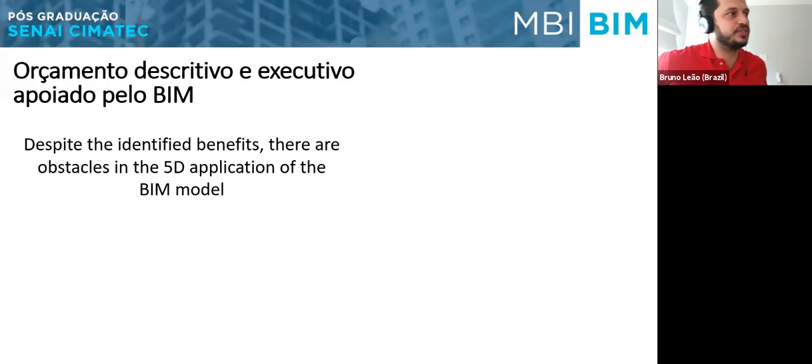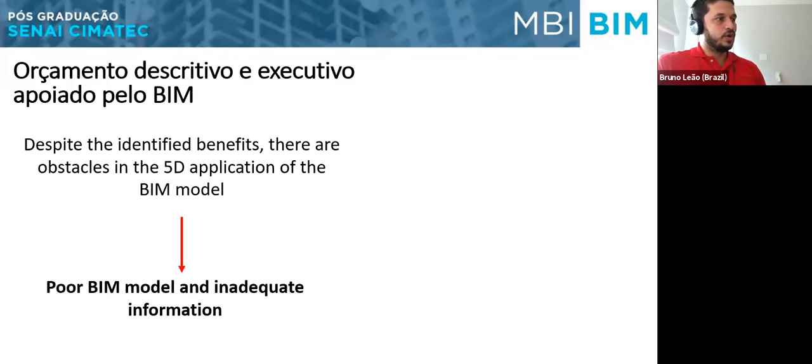But we have to have in mind that despite the identified benefits, there are obstacles in the 5D application of the BIM model. For BIM model and inadequate information, we have to pay attention to this point because it's quite common.